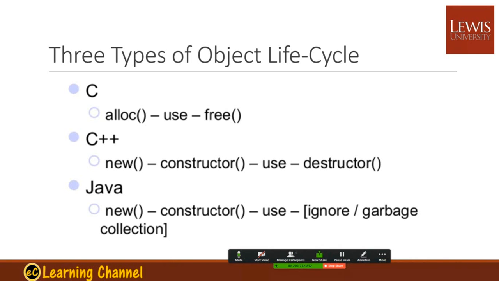In C, you actually allocate the memory and then you free it, following the memory allocation mechanism. In C++, you use new, which calls the constructor, and then use a destructor to destruct it. Java allows garbage collection, so there is no destructor. You call the constructor and that's it.